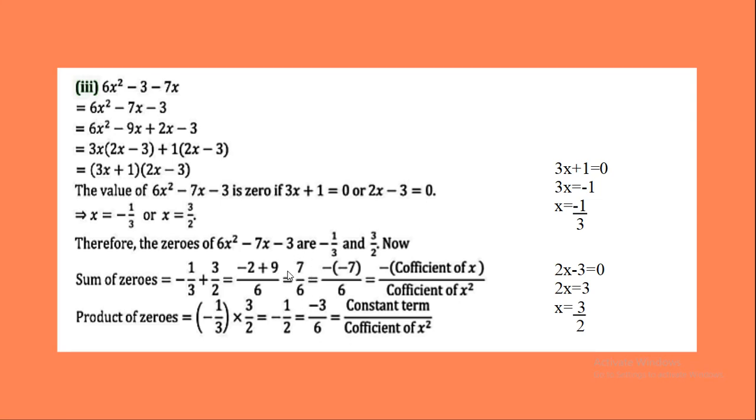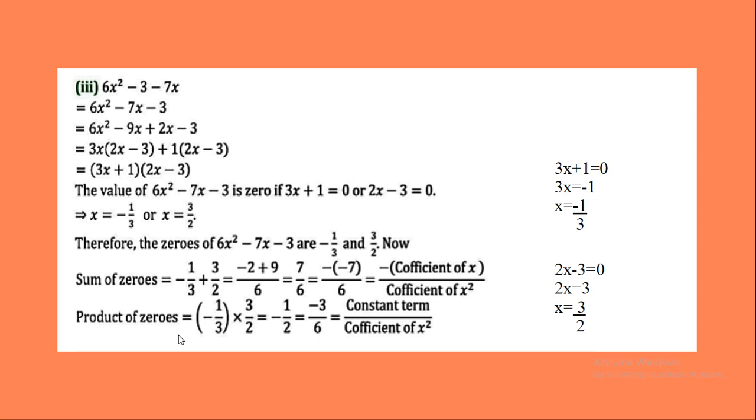And this 7 can be written as minus of minus 7, because we have to make it in the form minus of coefficient of x by coefficient of x square. Here the 6 is coefficient of x square, so we can write this 7 as minus of minus 7, because we have minus 7 as the coefficient of x here. So we will get the sum of the zeros as equal to minus of coefficient of x by coefficient of x square.